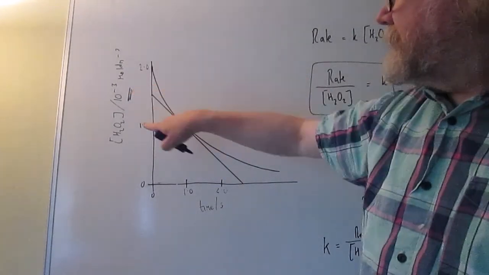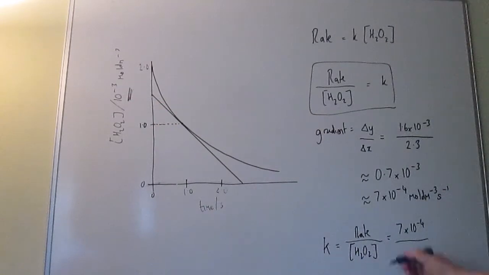Again, remember the factor. It's not 1, it's 1 times 10 to the minus 3. So 1.0 times 10 to the minus 3, which comes out around 0.7. And again, it will be units of seconds to the minus 1.